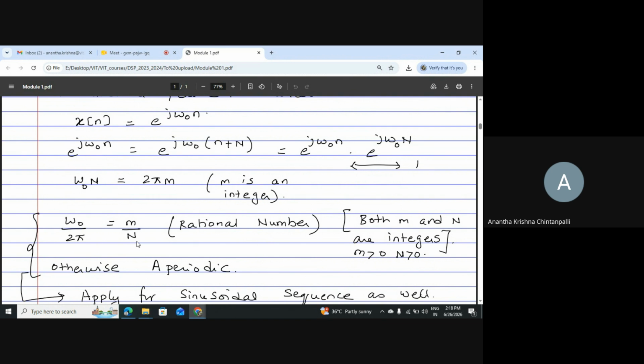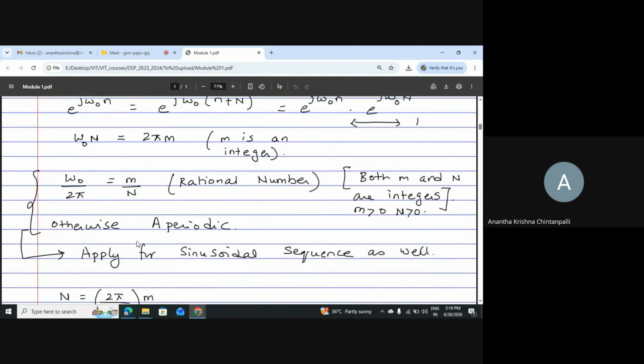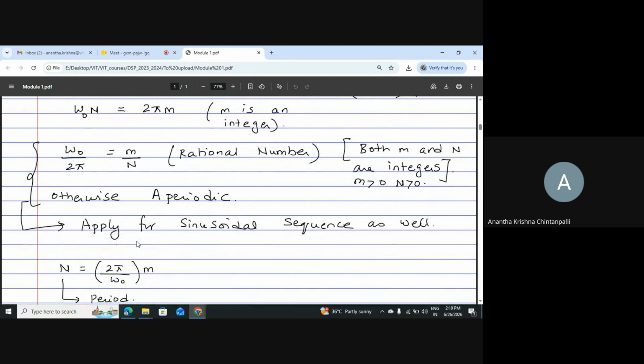So the basic definition which we have proved here, to determine whether the signal is periodic or not, is that omega naught divided by 2 pi has to be m by capital N, a rational number. This applies for a sinusoidal signal like, for example, sine of omega naught n, cos of omega naught n as well.